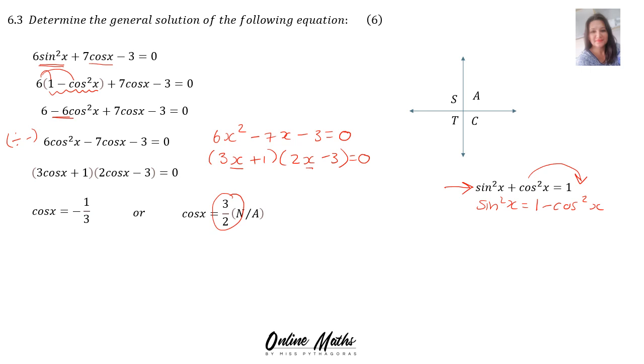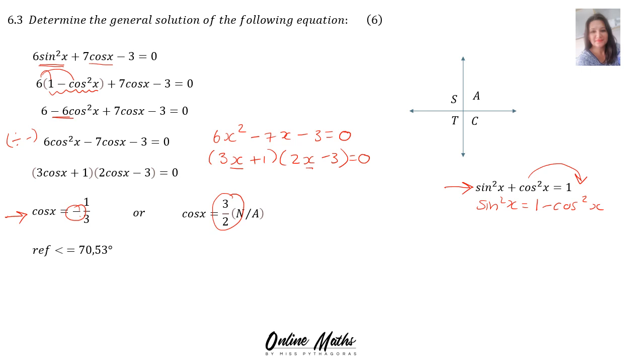Then I'm zooming in on cos x is negative a third. What you do is you ignore the minus and you say second function cos of a third, and you get a reference angle of 70,53. And then you say, so where is cos negative? Here's the CAST diagram up here.